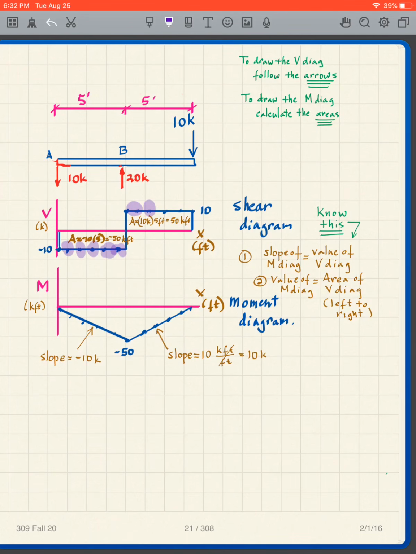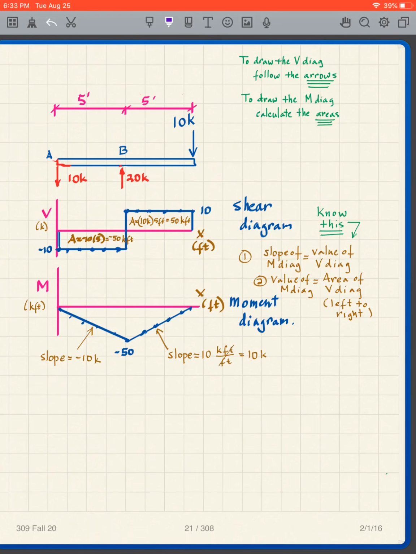Up here, it's all positive 10. So when I plot this, I've got a line across there and a line across there. Now I'm going to connect them, so I'm just going to go straight down. And it looks like that. So I have now plotted the shear diagram, and it looks like this.